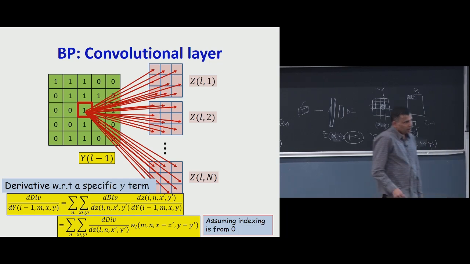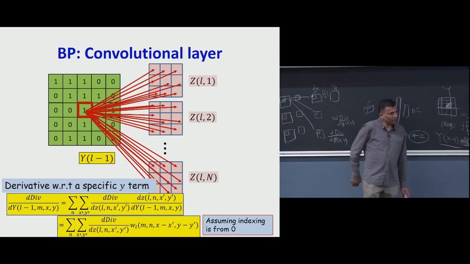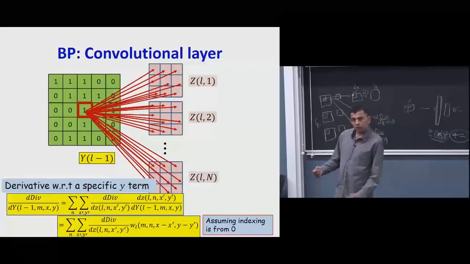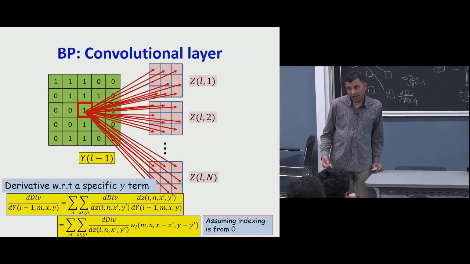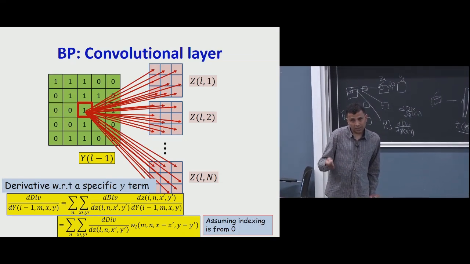Anyone? I have z equals y times w, right? So the derivative with respect to y is going to be the derivative with respect to z times w.